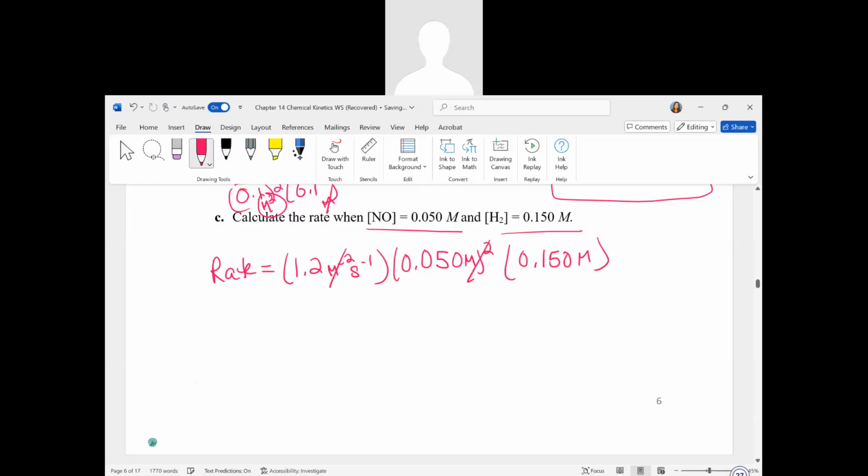So the molar squared will cancel. My units will end up being molar per second, and I just have to make sure to square this value, but 1.2 times 0.05 squared times 0.150 will give me a rate equal to 4.5 times 10 to the -4 molar per second.